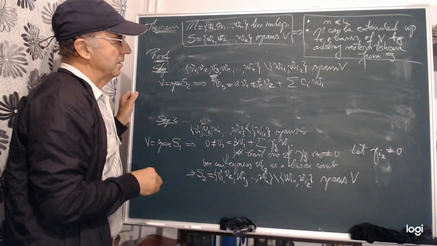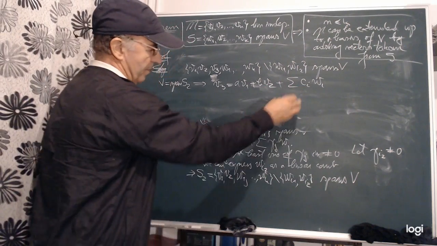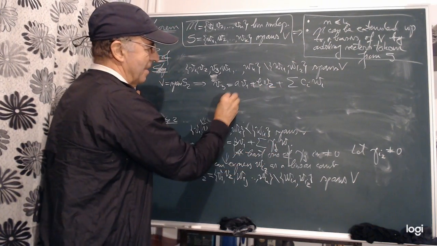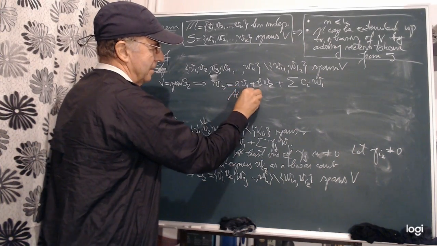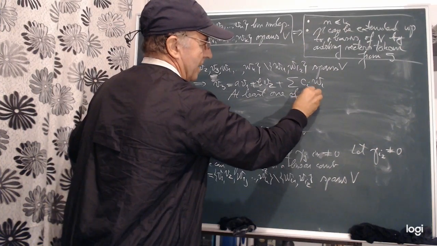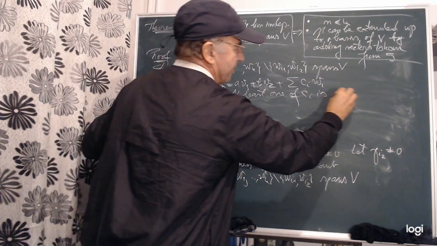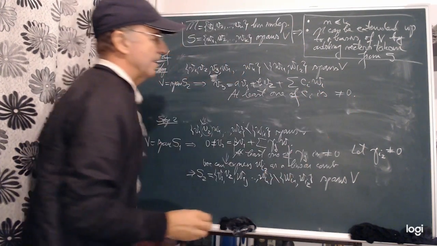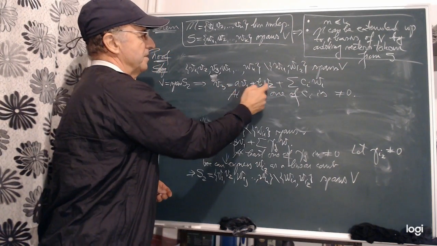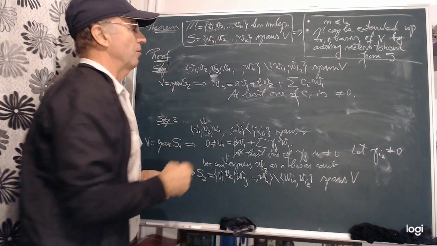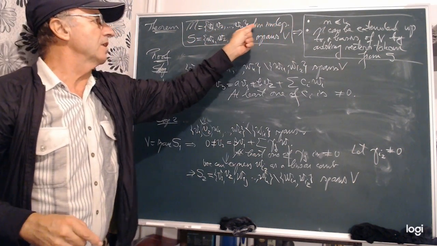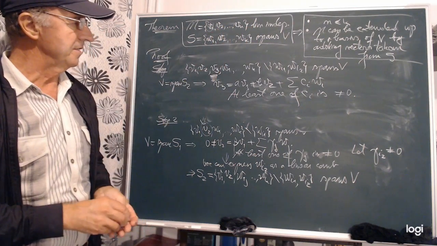Now, in a similar way, we can see that at least one of ci is different from zero. In the opposite case, V3 is a linear combination of V1 and V2, but this is not possible. Here we have a linearly independent system of vectors.